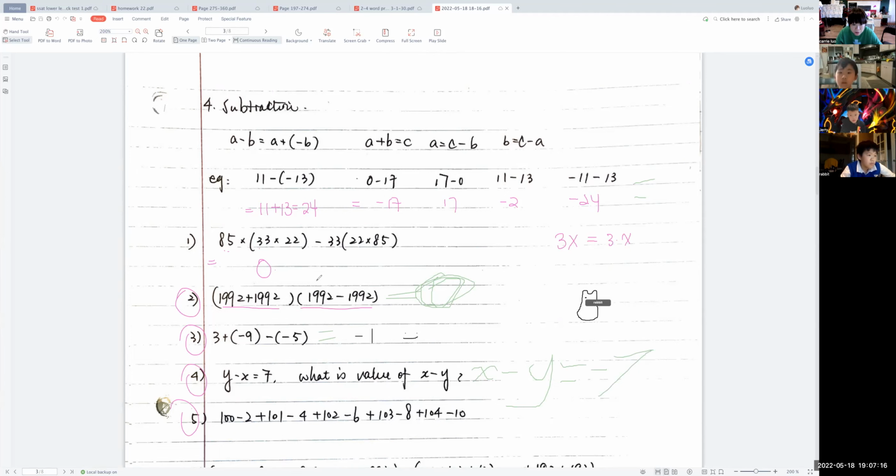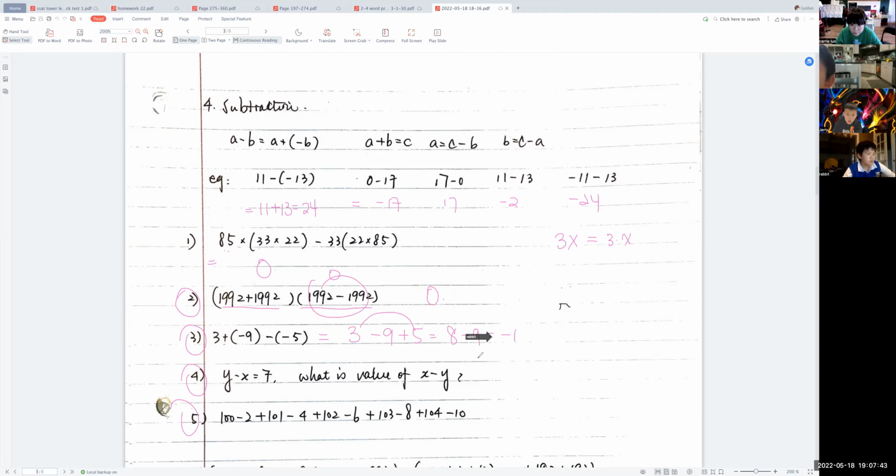Okay, so because this one is 0, any number times 0 equals 0. So this one is 0. So this is 3 minus 9 plus 5, because it's 3 and plus and minus together, it's minus. Minus and minus together would be plus. So it's 3 plus 5 equals 8 minus 9, so equals -1.